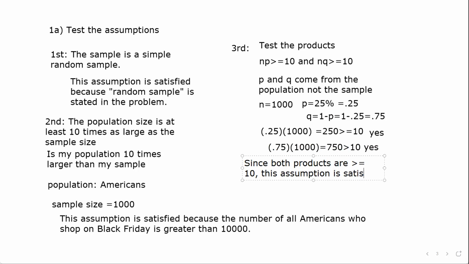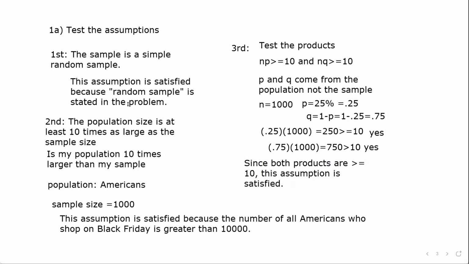Now, guess what? I've satisfied all 3, right? Have I satisfied all 3 assumptions? Yes. So then I say, because there's an answer to part A, and I'm going to put this in red to make it stand out.